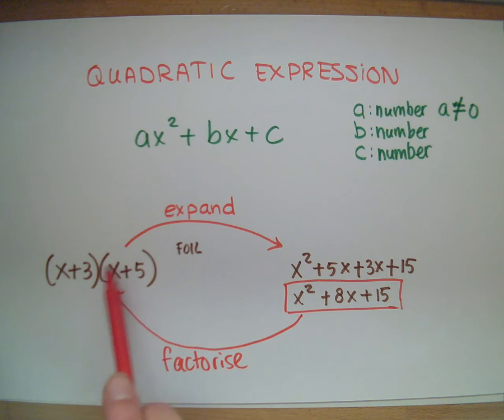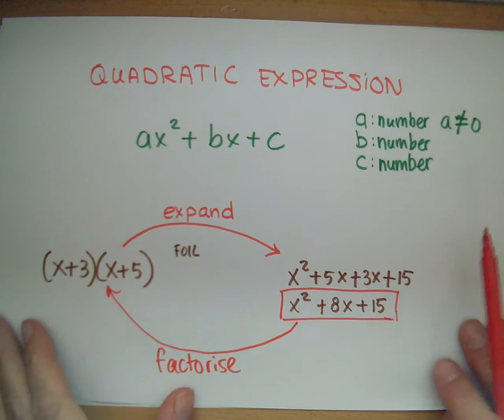See how this is the product of factors? This is a factor, that's a factor. All that's happening is that these two are multiplied together. This is a product of factors. So going from a quadratic expression to the product of factors is called factorizing. Yes?